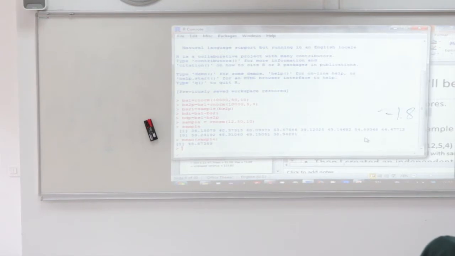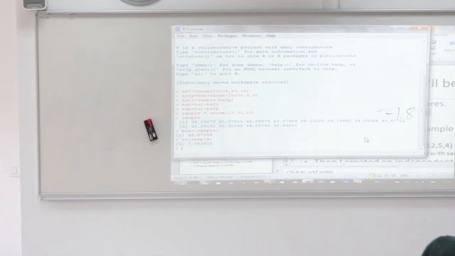So no big deal. And the standard deviation of the sample should be around 10. But again, we have a very small sample size, so it's possible that it won't be that close. So 7.33.